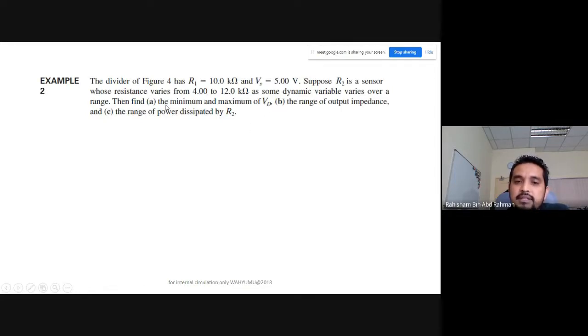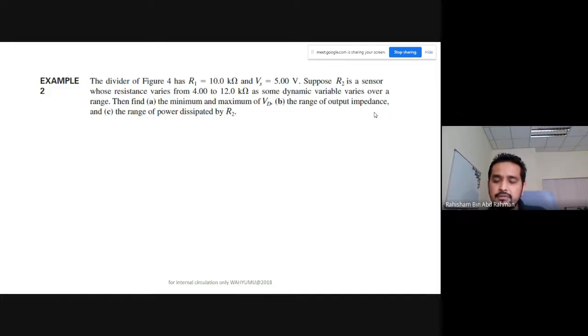Okay, settled. So, first question. What is the range of output impedance? How do we calculate the output impedance of the resistor? This is again the electric circuit that you learned in first or second year.